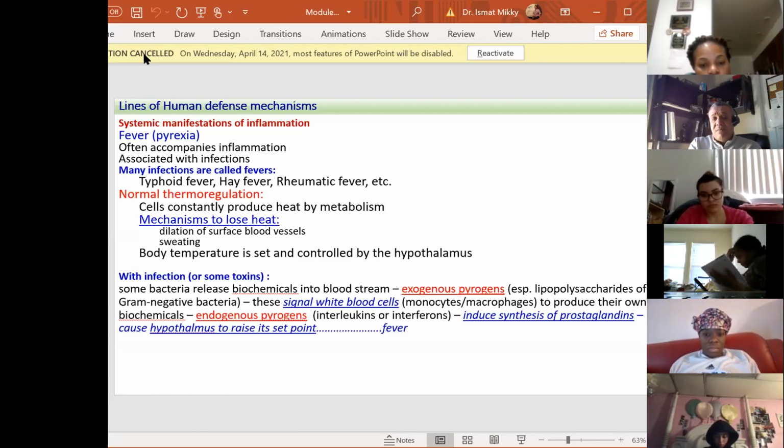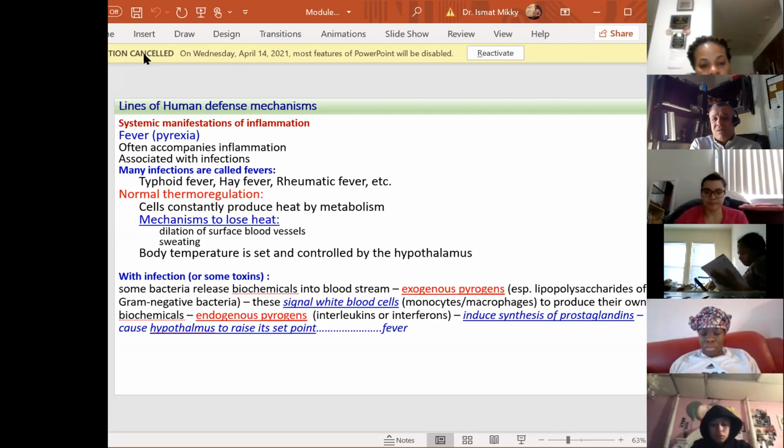We said that the temperature would increase in response to the interferon, and that eventually is going to release the prostaglandins, and then it will cause the hypothalamus to raise its set point.